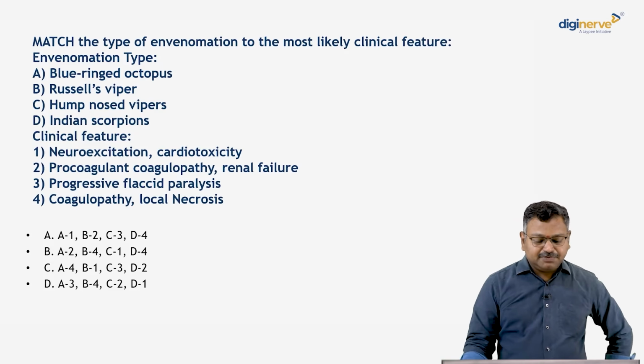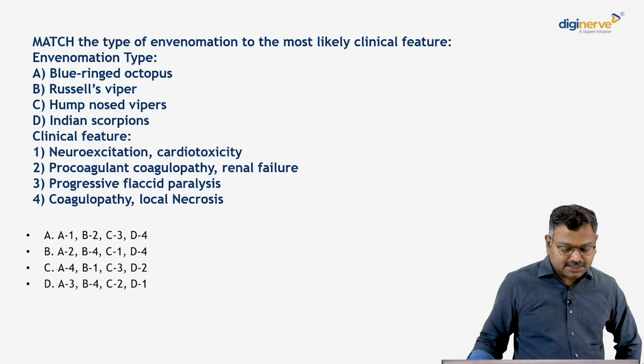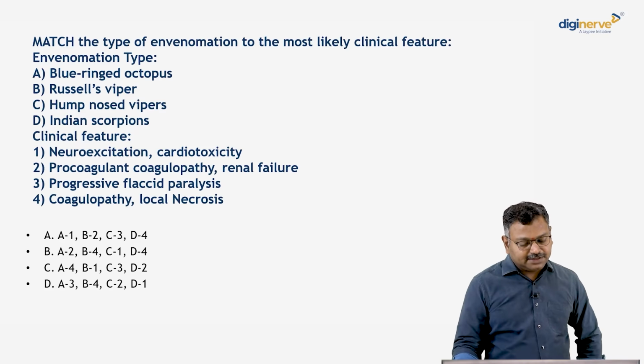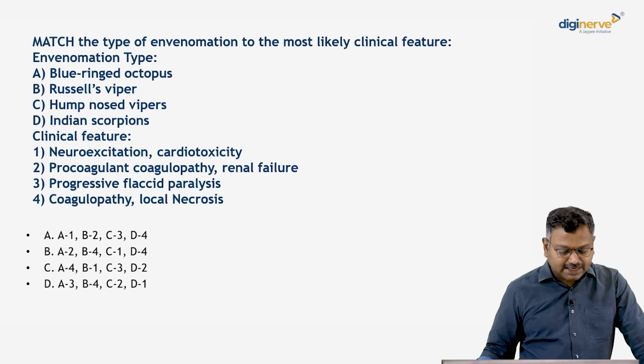Now match the type of envenomation with the likely features. You have the blue-ringed octopus, Russell viper, hump-nosed viper, Indian scorpion. The clinical features are neuroexcitation, cardiotoxicity, procoagulant coagulopathy and renal failure, progressive flaccid paralysis, coagulopathy and local necrosis. Now, what you have to remember is the Russell viper.